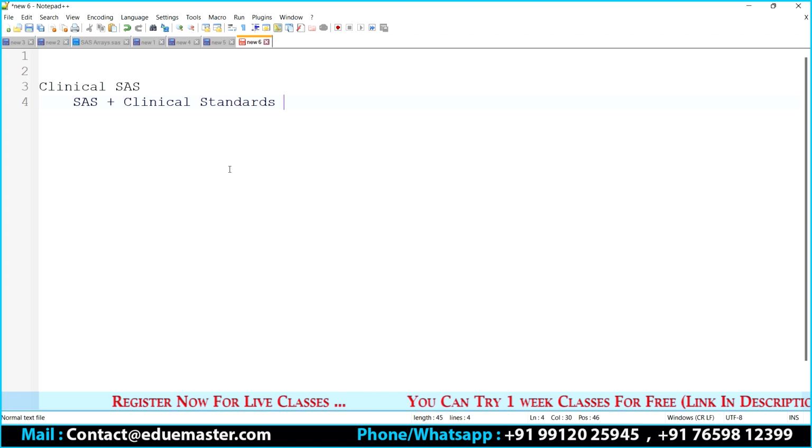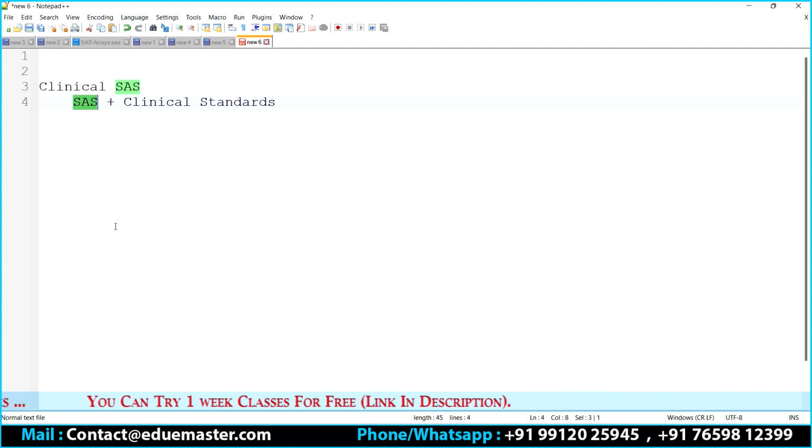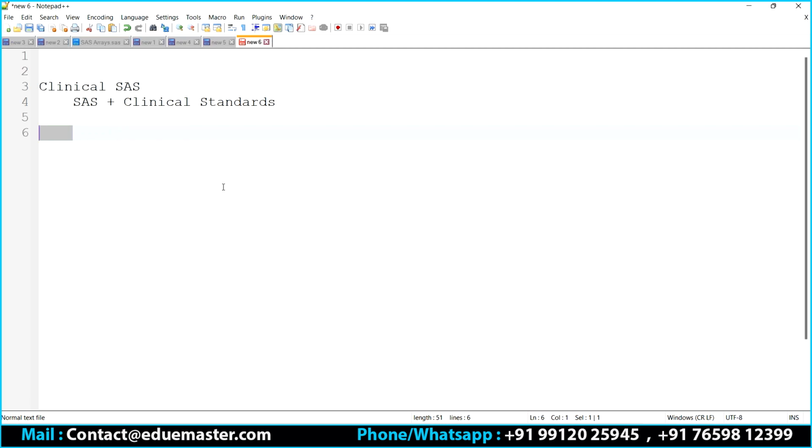While learning these different domains, we are going to use SAS skills to implement a few of the things. The main purpose is to acquire the clinical domain knowledge, along with using our SAS technology skills to implement a few of them. This is how we are going to proceed, right?